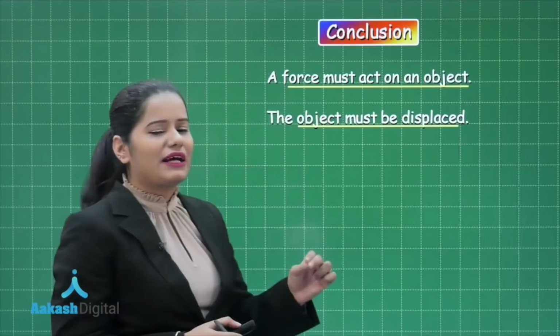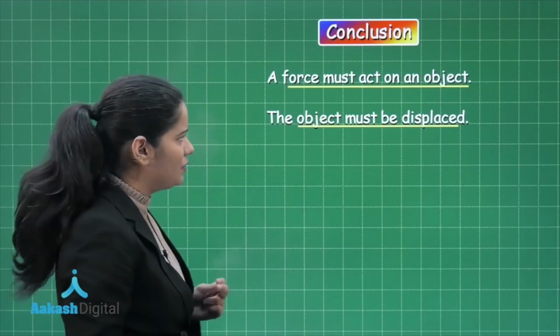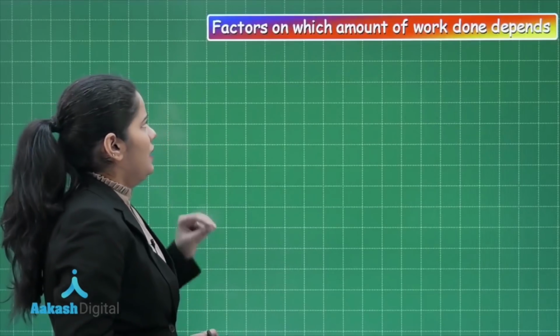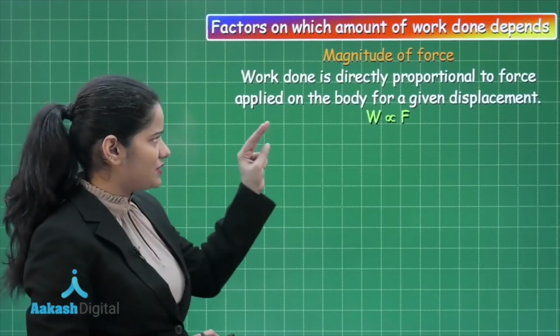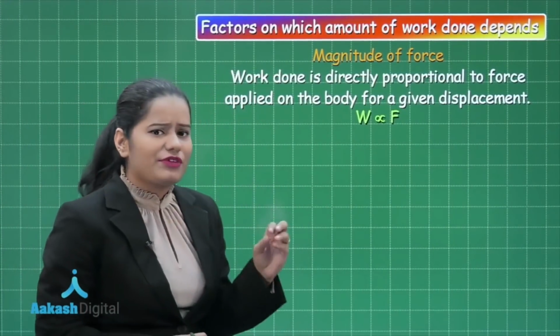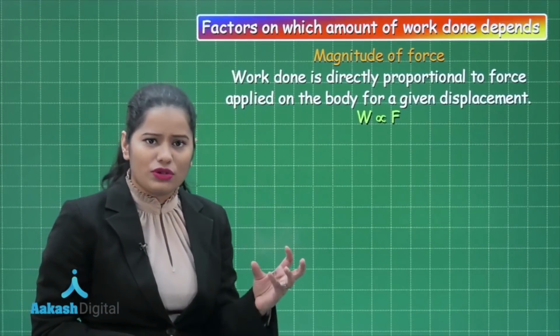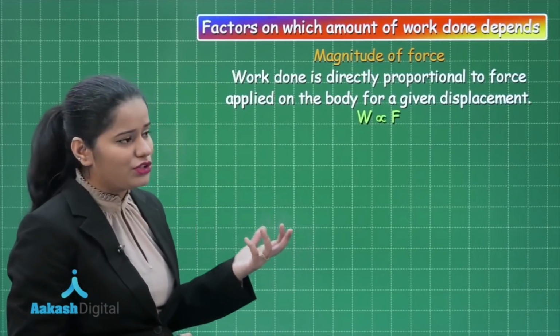Now, what are the factors on which the work done depends? The first factor is the magnitude of force. Let's take the example in which you were pushing the book.